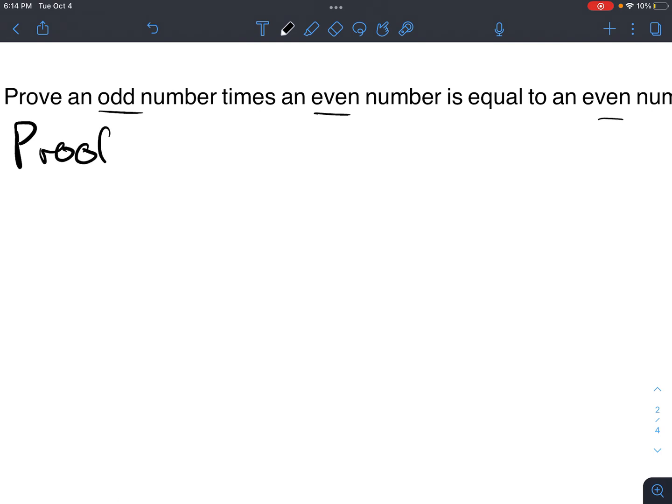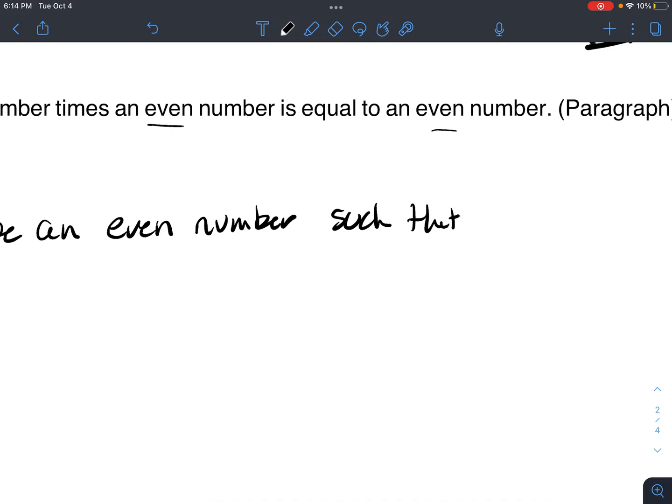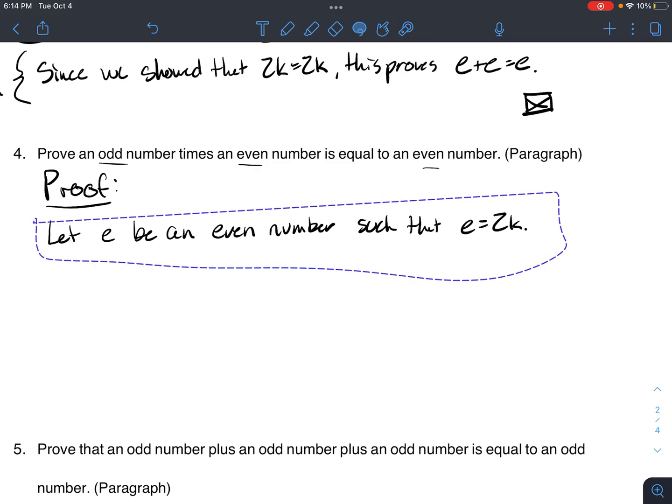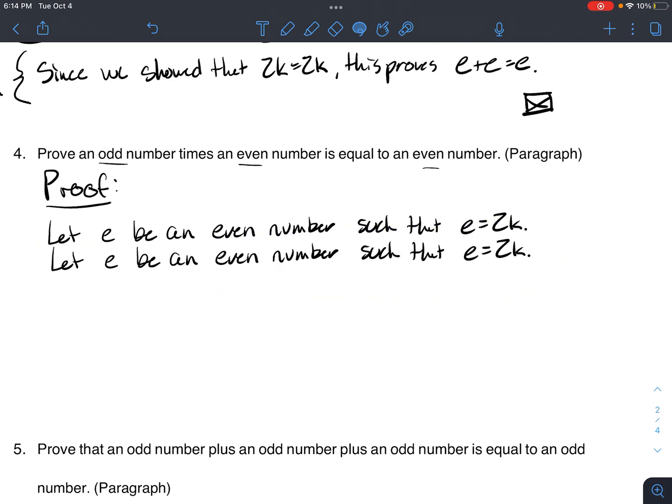So proof is how we are going to start. So let e be an even number such that e is equal to 2k. I'm just going to copy this because the odd is pretty close.